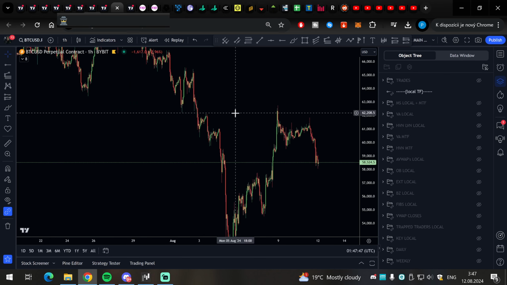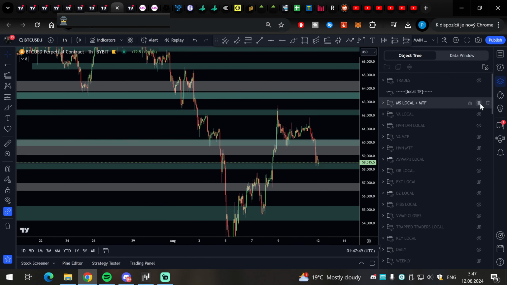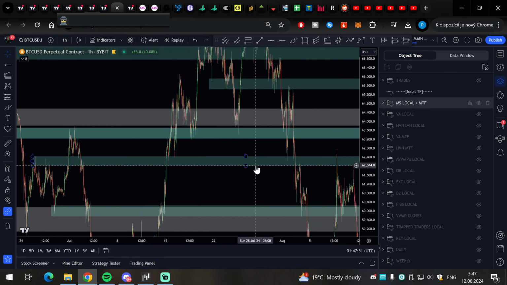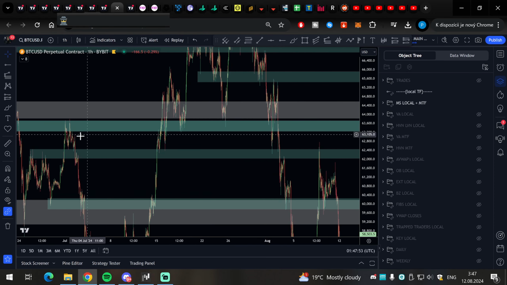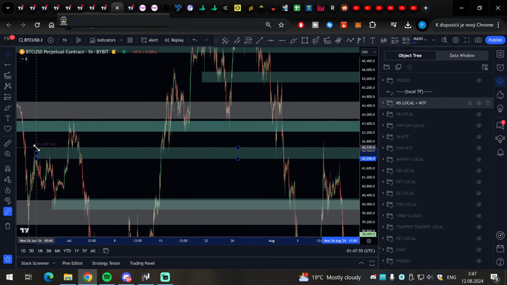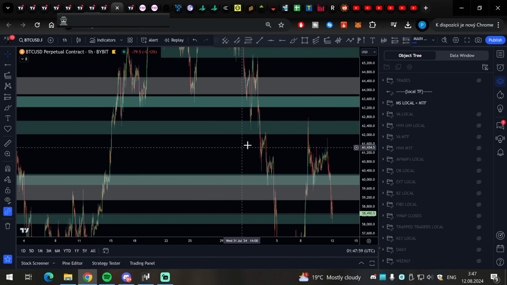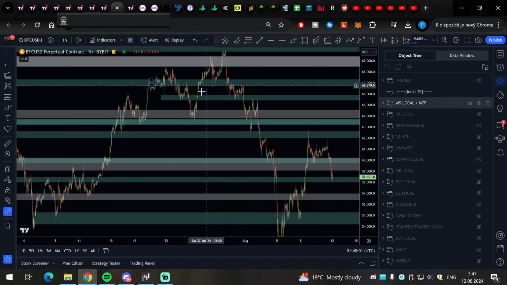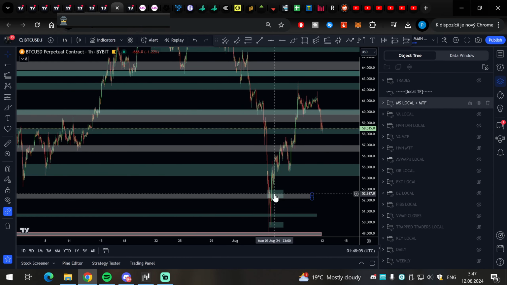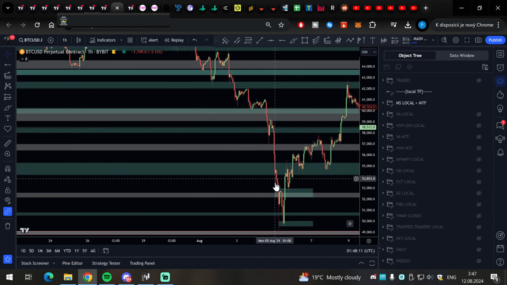So when we go to market structure, we can clearly see this area can now be drawn a bit wider. But before, this was a very aggressive downtrend. You've created very little resistance, especially in this move to the downside. It was mainly inefficiencies, low volume.